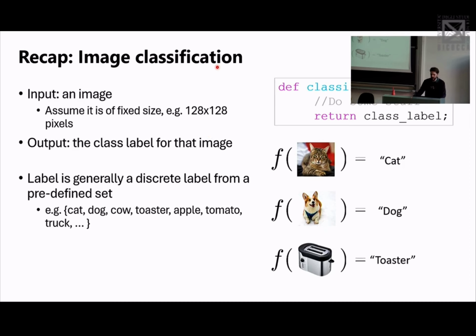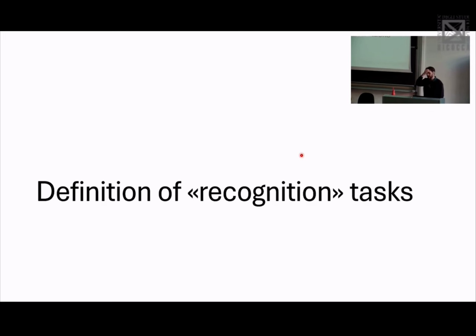So let's recap image classification. What you do is that you have an input image, and as an output, you output the label for the whole image, assuming there's only one object inside. But let's see the definition of the different kinds of recognition tasks that we can do.